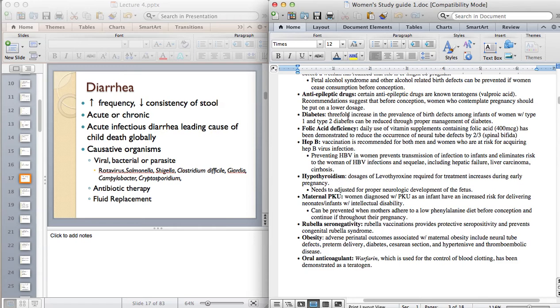Acute could be an acute infection diarrhea, which can kill children. In fact, we are seeing it here and also more in the developing countries, especially where they have poor water supply. Okay. It could be from bacteria, a virus, or a parasite.